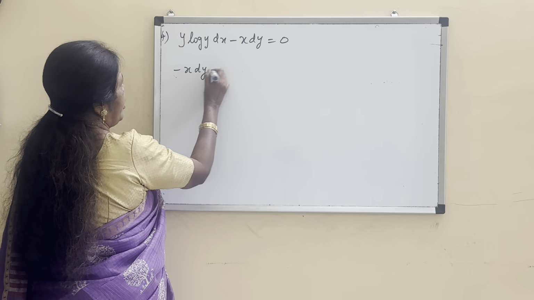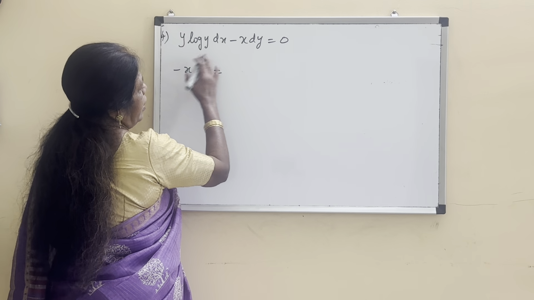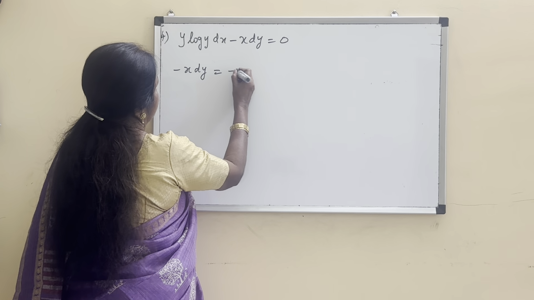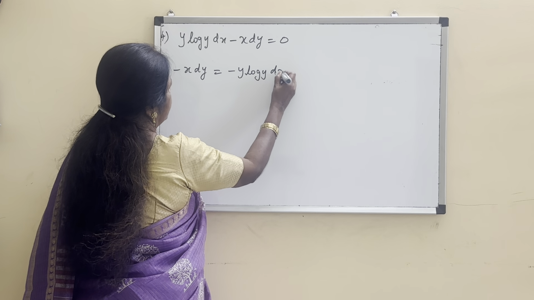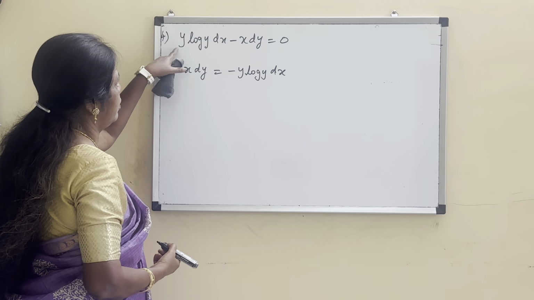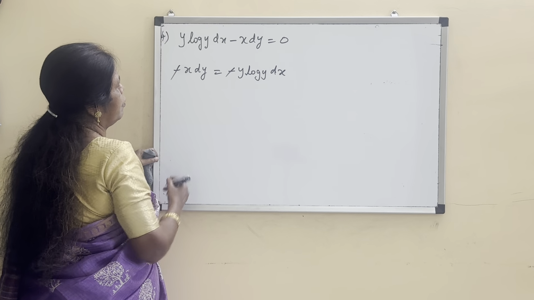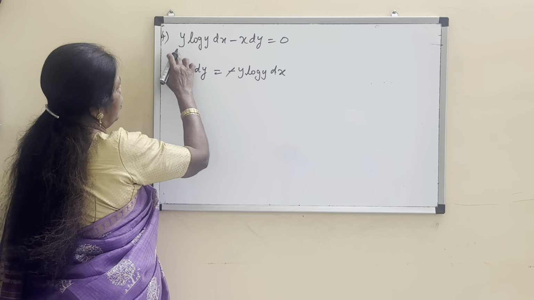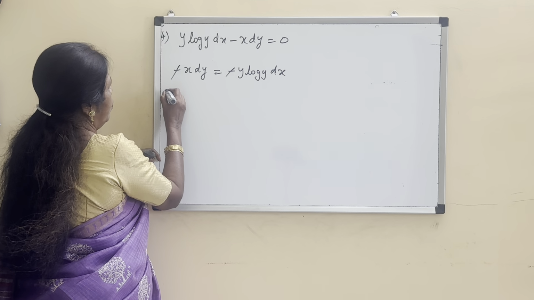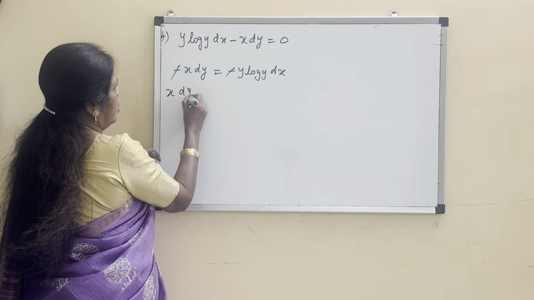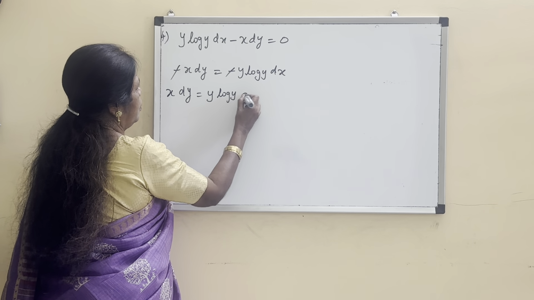You can take it in any form. So take the other term to the other side, that is minus y log y dx. If you are taking this term to the other side, it will become minus, so you can cancel the negative sign on both sides. So now I have x dy equals y log y dx.